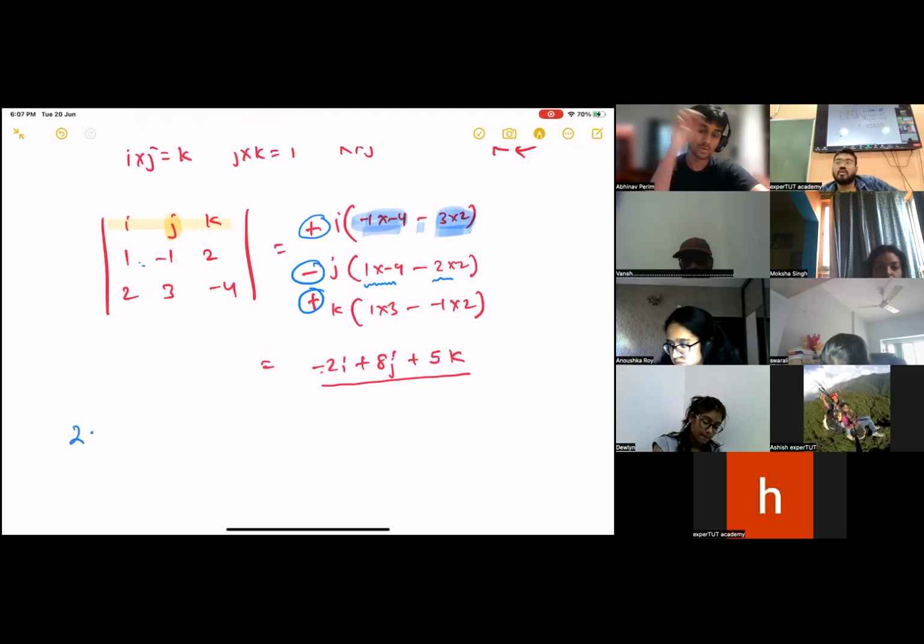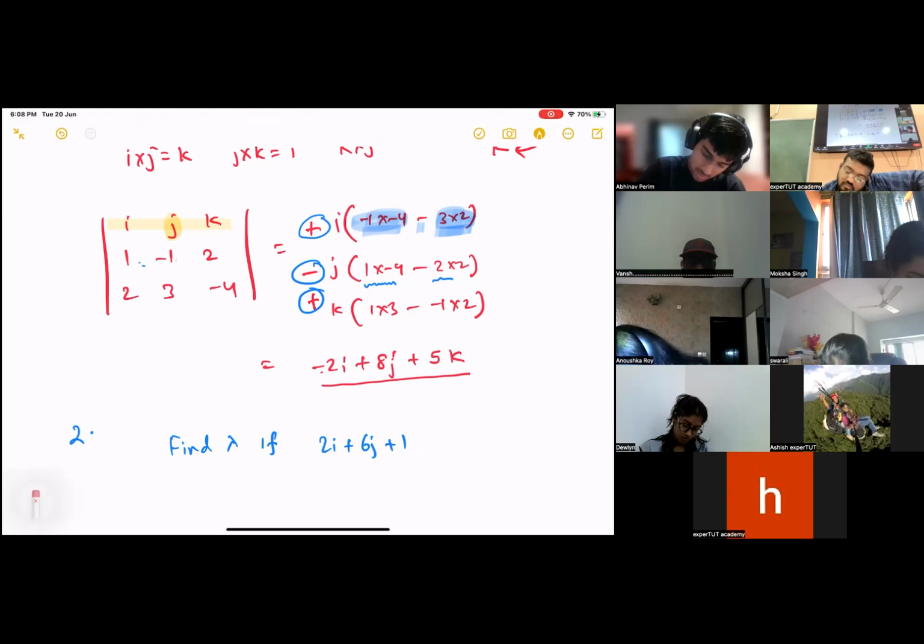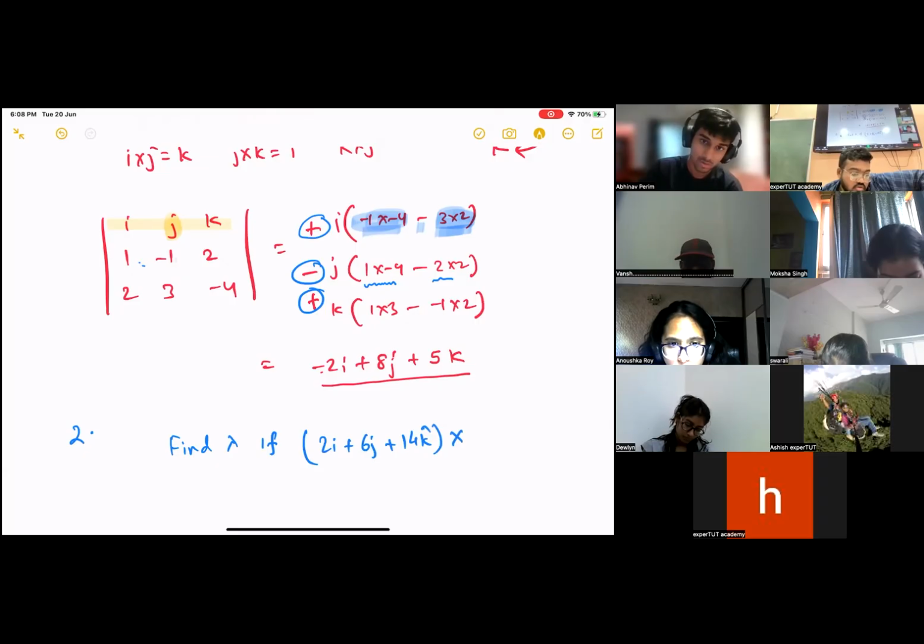Now everyone do question number 2 of RS. The question is: find lambda if 2i plus 6j plus 14k cross i minus lambda j plus 7k is equal to 0.